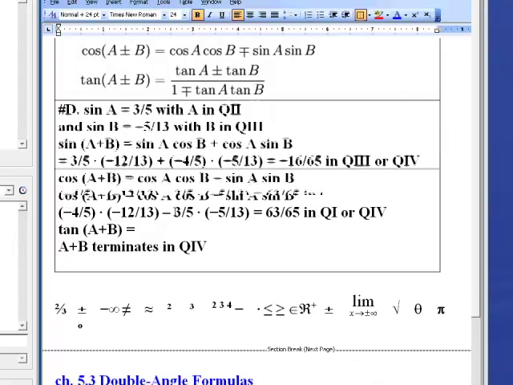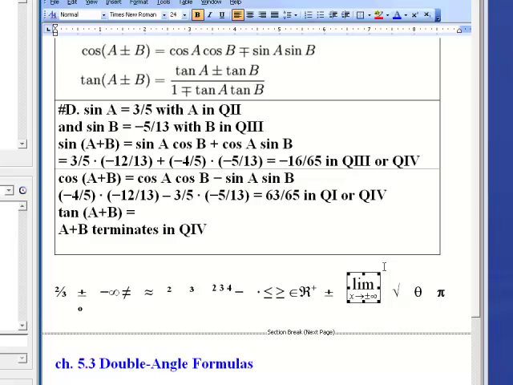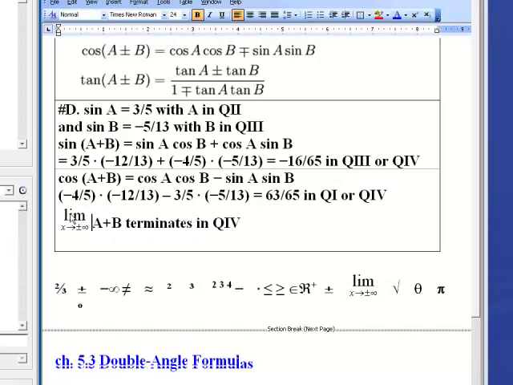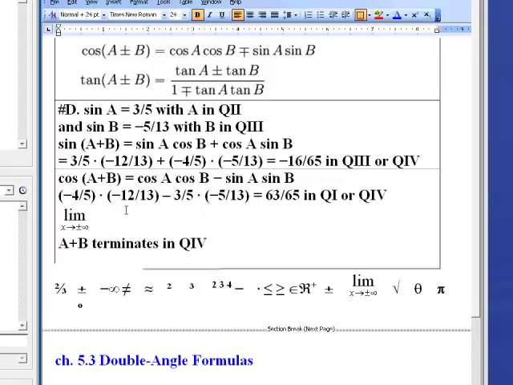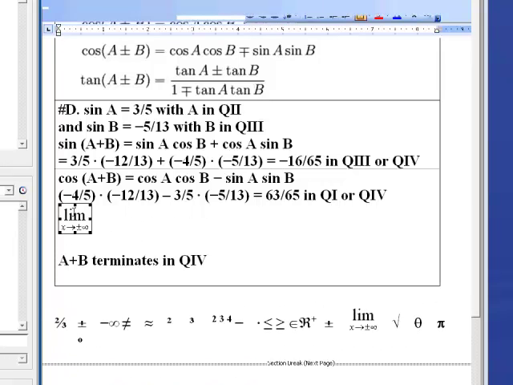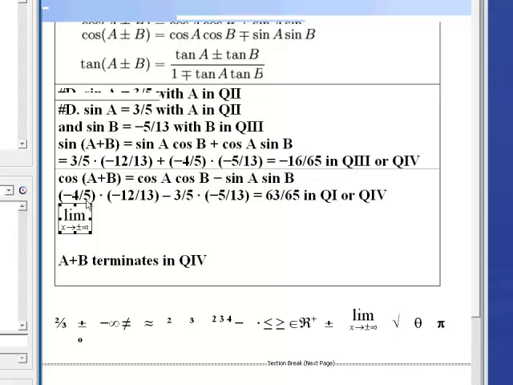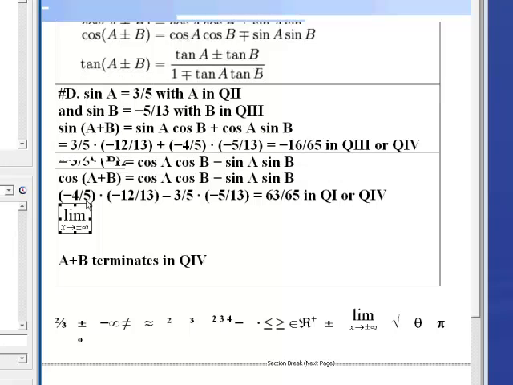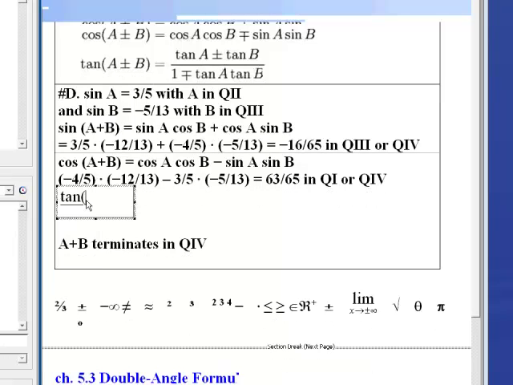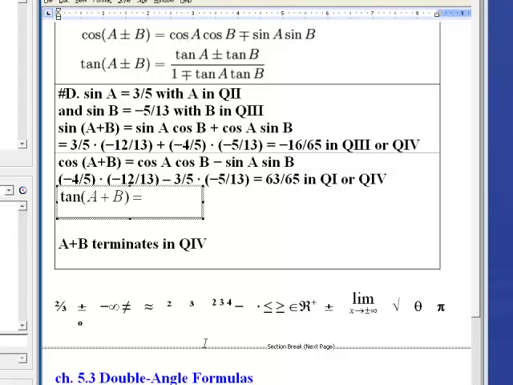Tangent A plus B, actually for that one I do need the equation editor, so I'm going to use that one. So tangent A plus B equals fraction.